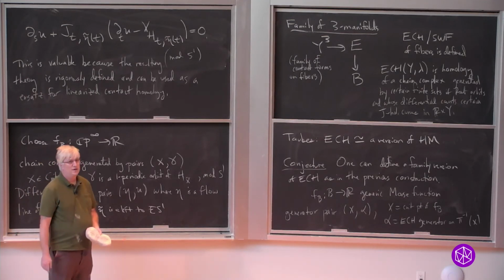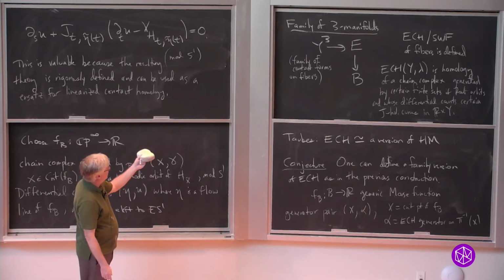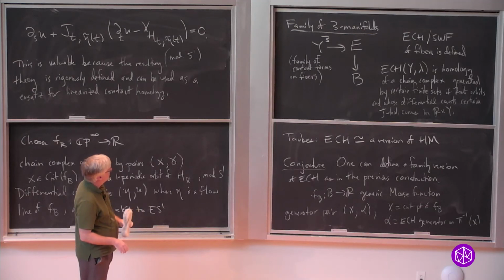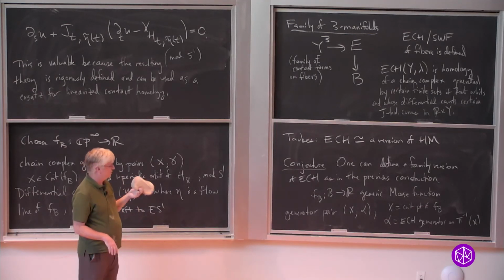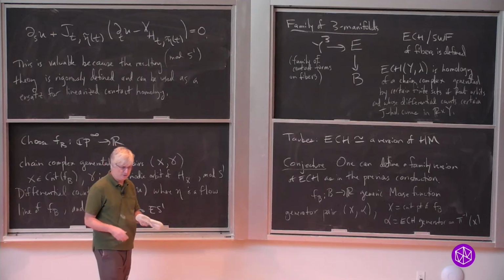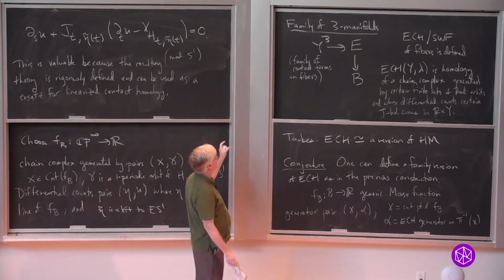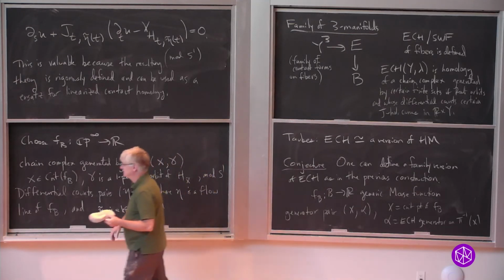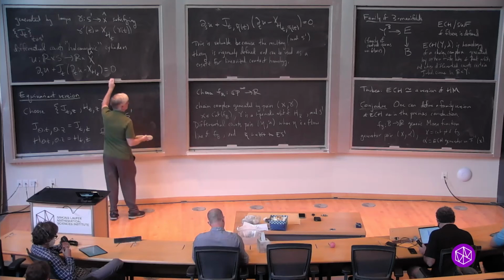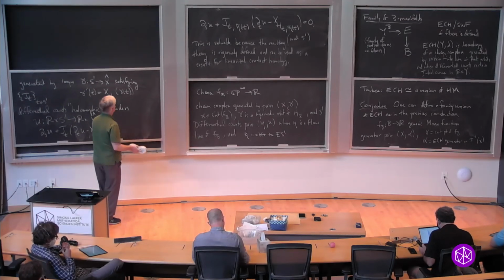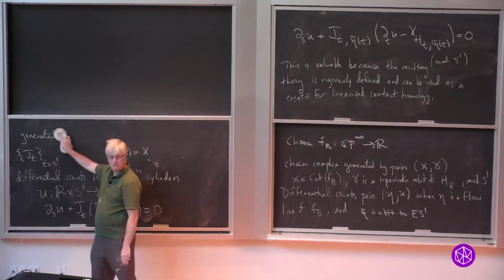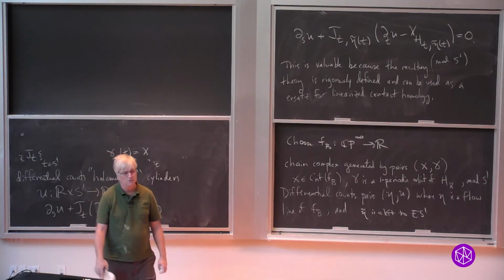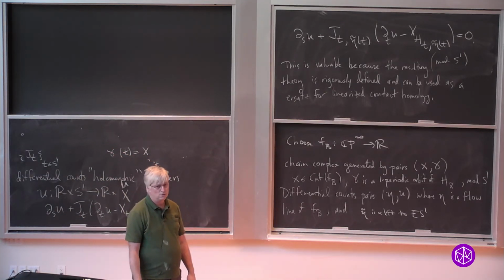So, yeah, I think one could make an invariant like this out of families of 3 manifolds. I'm not sure what sort of topological questions you might be able to answer with this. And also, if you have a family of cobordisms, then you should get some sort of cobordism map between these family Floer homologies. Michael, so this also would work if you had a group action on your 3 manifold to give you an equivariant story?